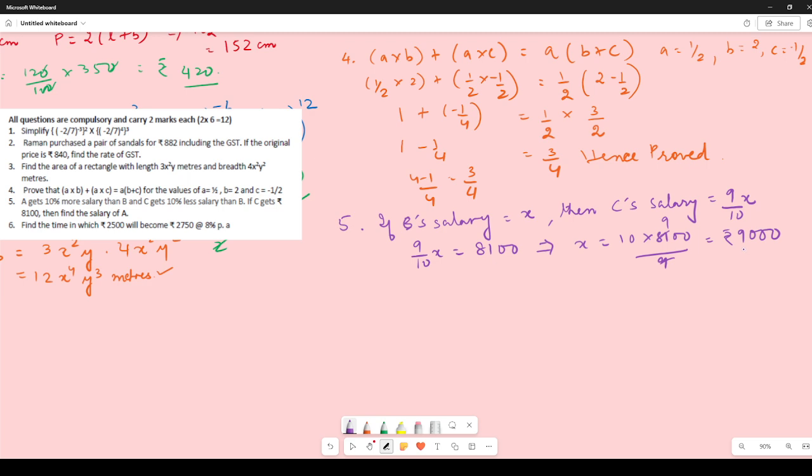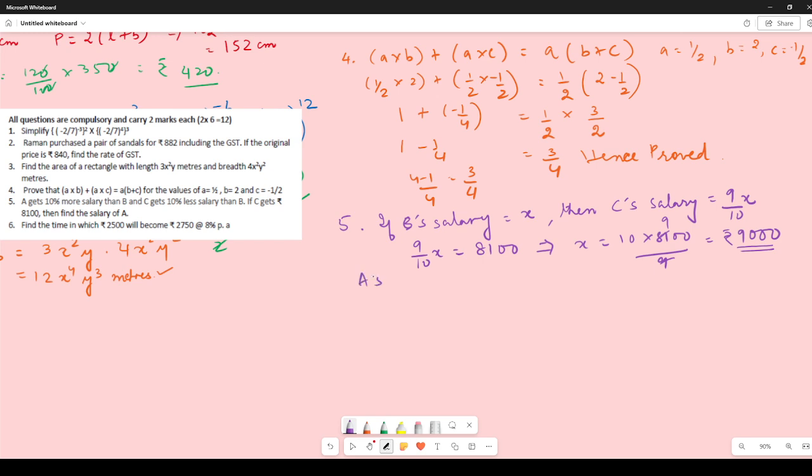Now remember, this is C's salary. Now if C's salary is 8100, then x becomes 9000. Now remember, A's salary is 10% more than that of B's salary. So B's salary becomes rupees 9000.